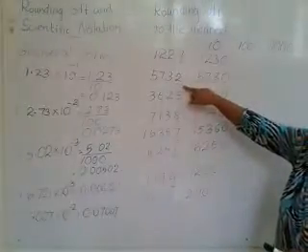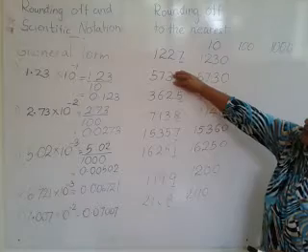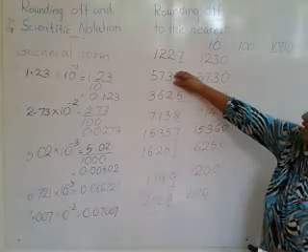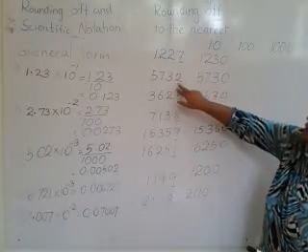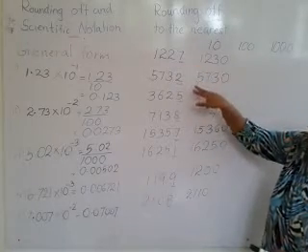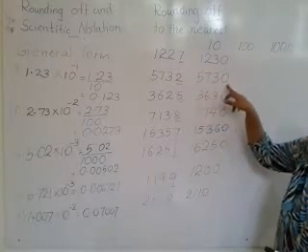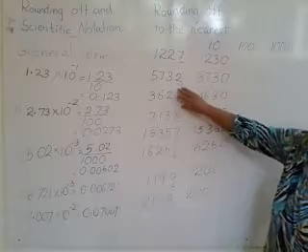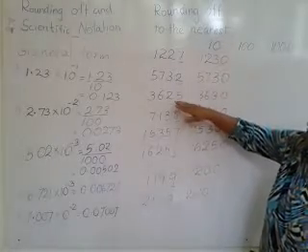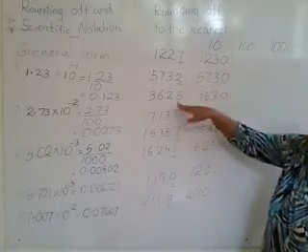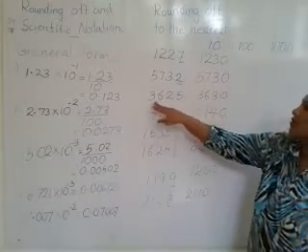Here this is less than 5, so 573 can't change because it is not more, it is less. So 573 and the last digit becomes 0. Here it is 5, so if it is 5 or more we must add 1.